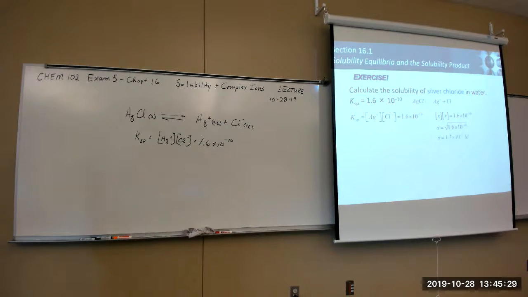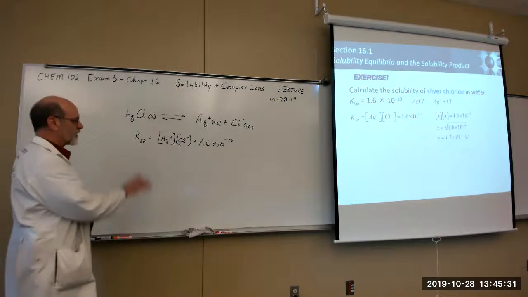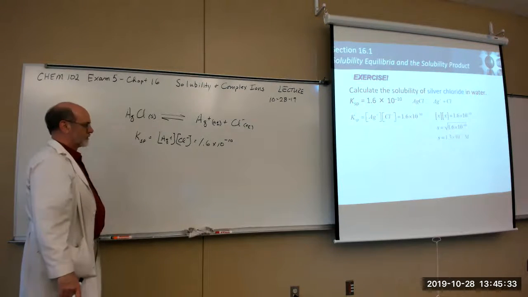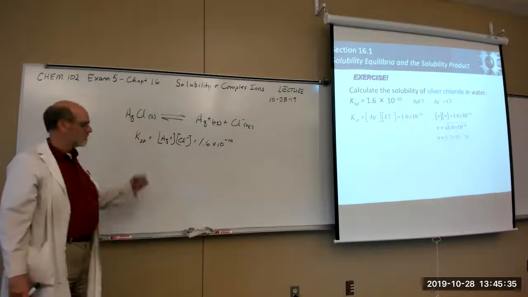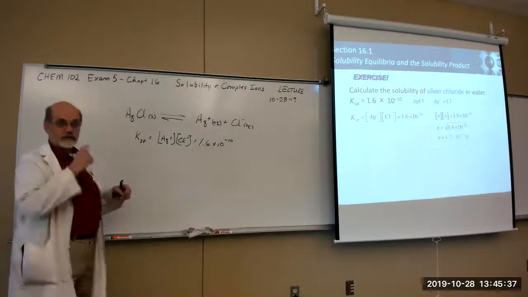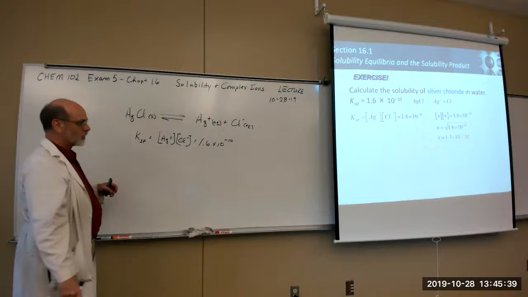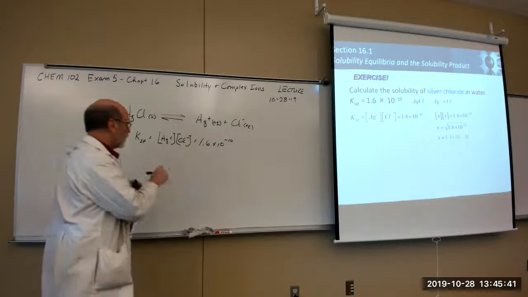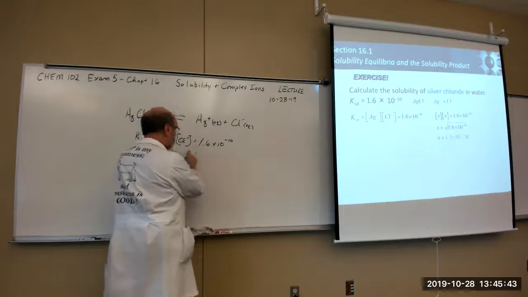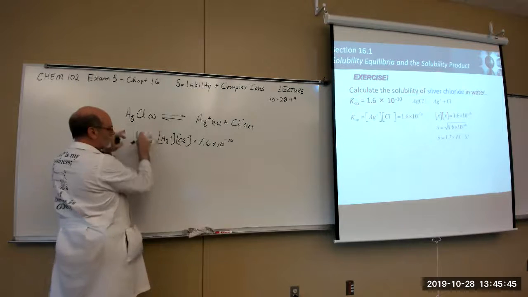So, how do we use this to calculate the solubility of silver chloride in solution? We'll look at it this way. Where do these two come from? They come from over here.